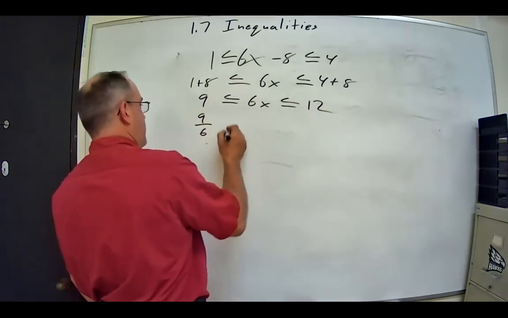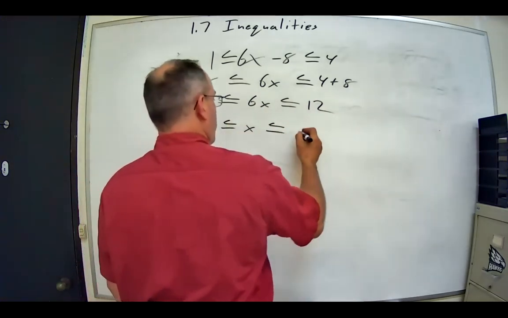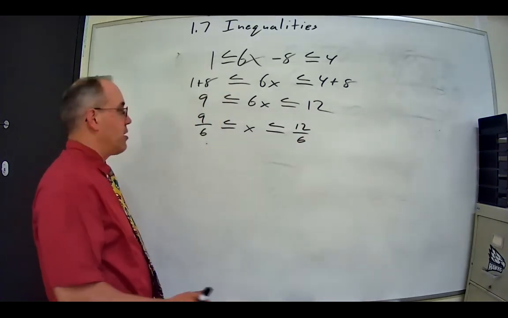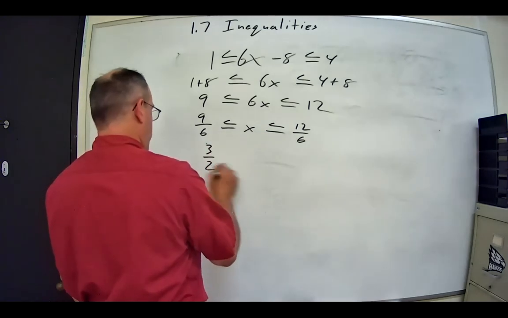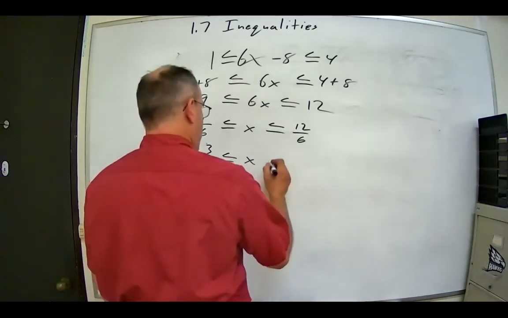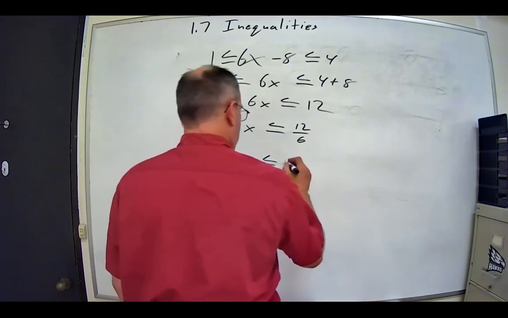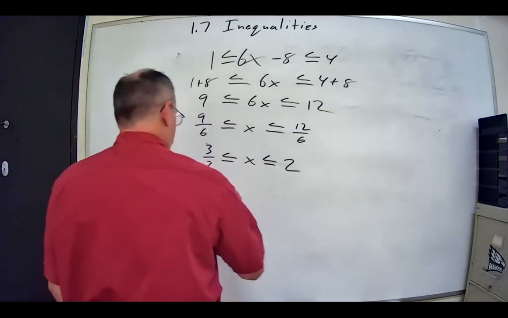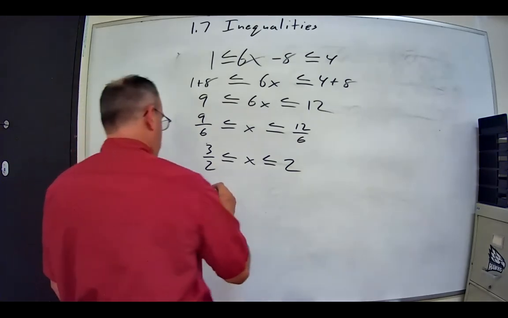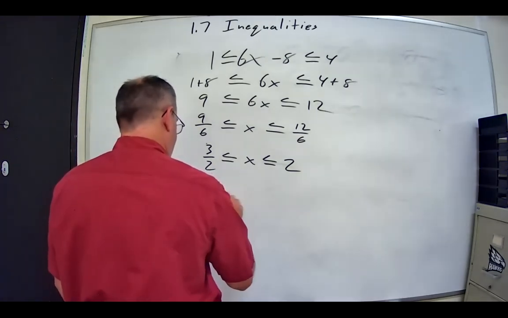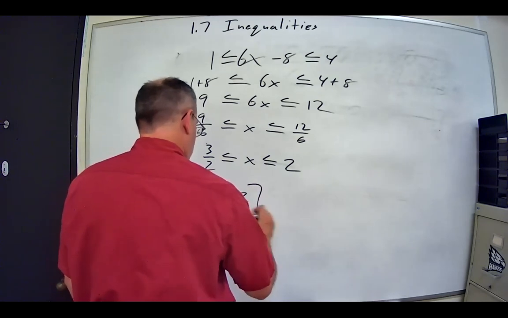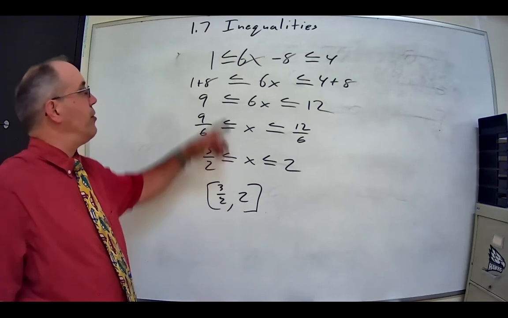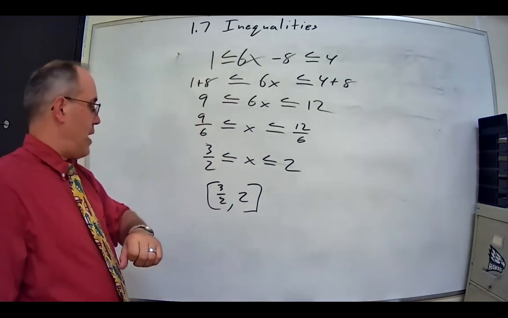So I have 9 divided by 6 less than or equal to x less than or equal to 12 divided by 6. 9/6 is 3/2. So 3/2 less than or equal to x less than or equal to 12/6, which is 2. So I have this interval, and it includes those from 3/2 to 2. So if I take any value from 3/2 to 2, it'll make this inequality correct.